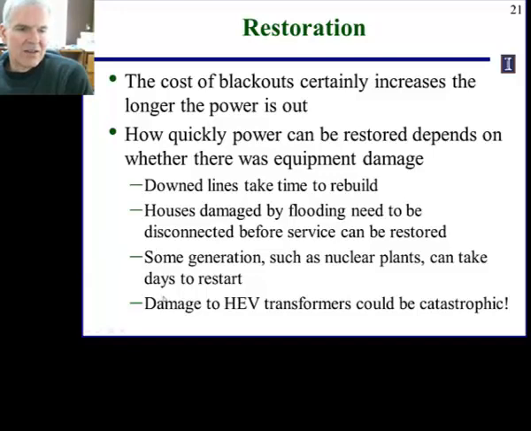A last issue, and this is something that we've been looking at with the geomagnetic disturbance problem, the GMDs, is if you have damage to your high voltage transformers, that could be really catastrophic if we lost more than a handful of these transformers, since the transformers are relatively unique in their design and we don't have a lot of spares available.